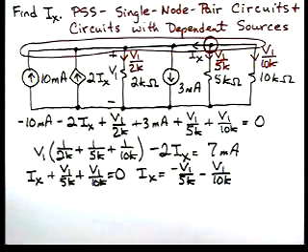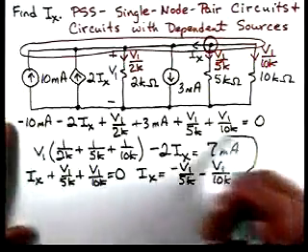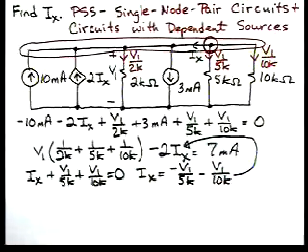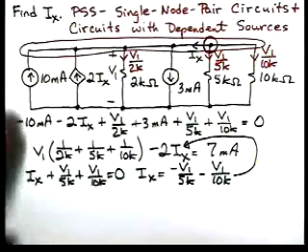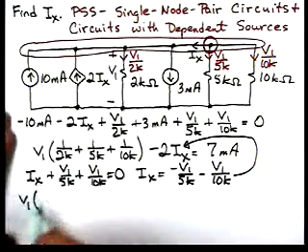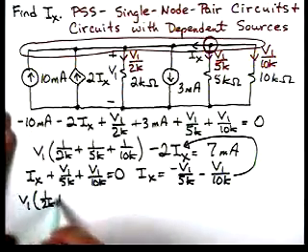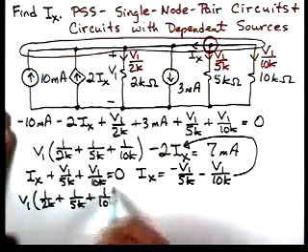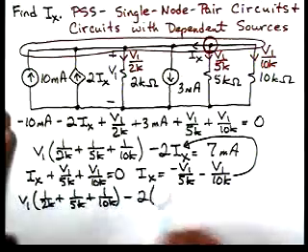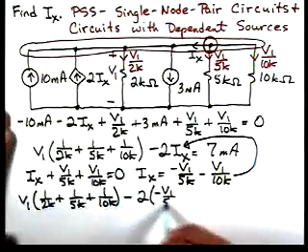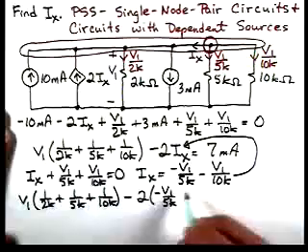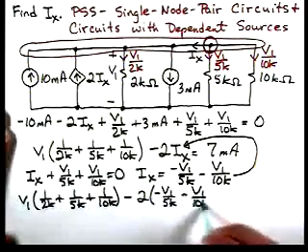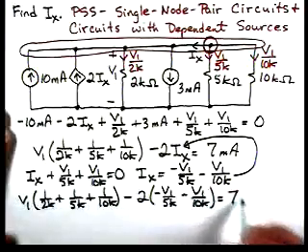Now, let's substitute this in here. So now we have V1 over 2K plus 1 over 5K plus 1 over 10K. We have minus 2 times minus V1 over 5K minus V1 over 10K is equal to 7 milliamps.